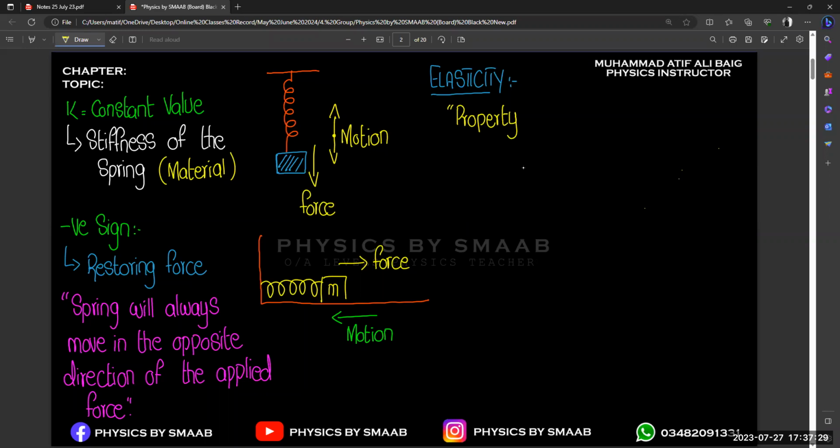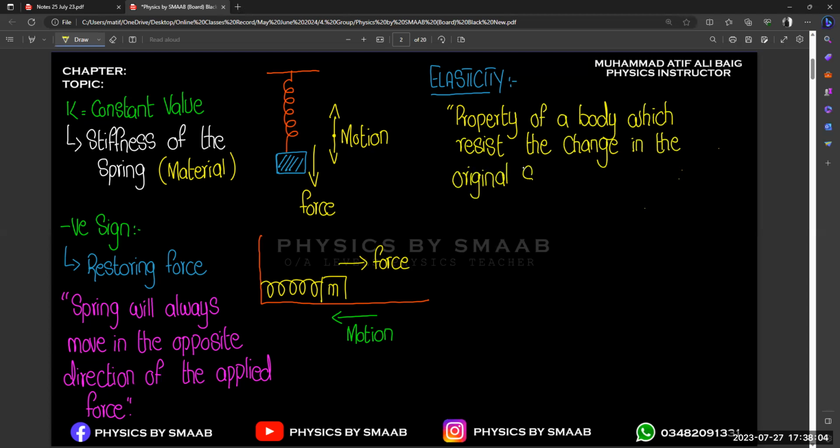We discussed inertia, so this is just a copy-paste definition of inertia but in a different sense. A property of a body which resists the change in the original shape of an object, right?